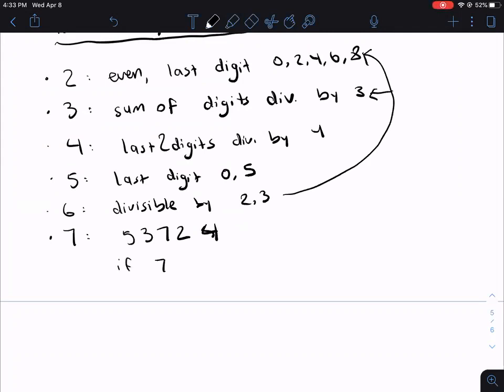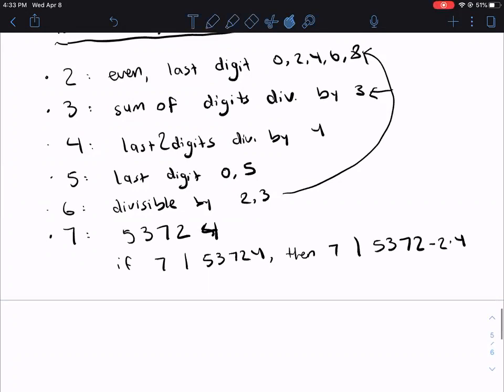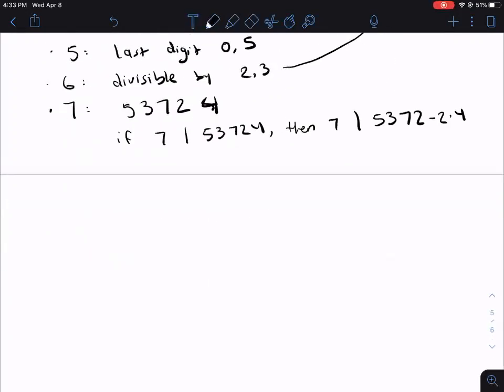If 7 divides this number, then 7 divides 5372 minus 2 times 4. Yeah, Logan said this. So this isn't very useful, and a lot of the time, it's just faster to divide by 7.